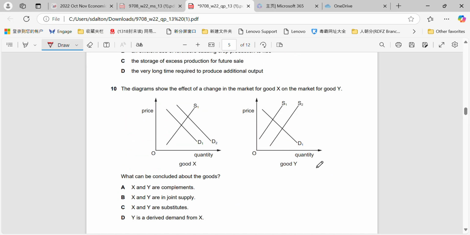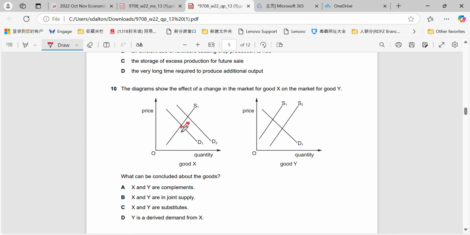Okay, question 10. So, very simple. The diagram shows the effect of a change in the market for good X on the market for good Y. So, what's concluded? Now, forget even looking at A, B, C, and D, and just look here at what happens. The demand shifts to the right, which results in an extension in supply.